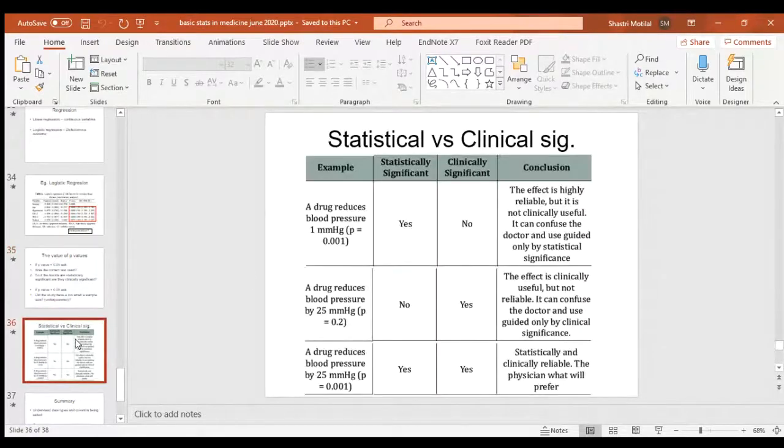So this slide nicely highlights the difference between statistical and clinical significance. Look at the examples on the left. A drug reduces blood pressure by 1 millimeter of mercury, p 0.001. Is it statistically significant? Yes, p less than 0.05. Is it clinically significant? Probably not.